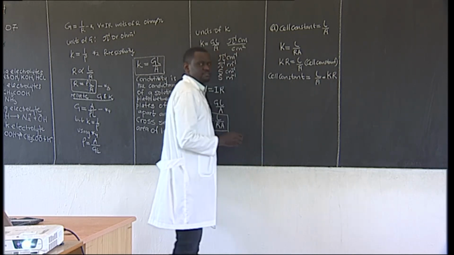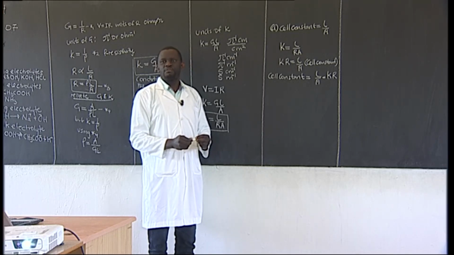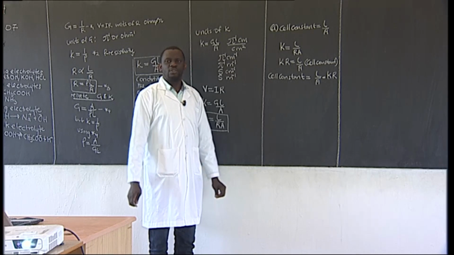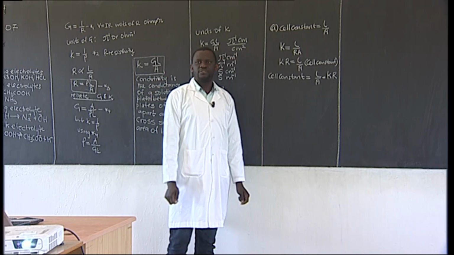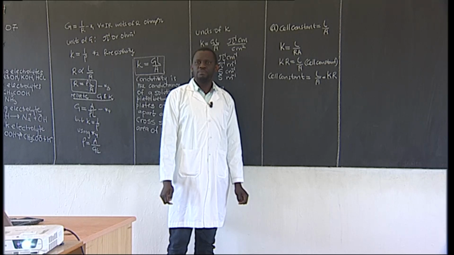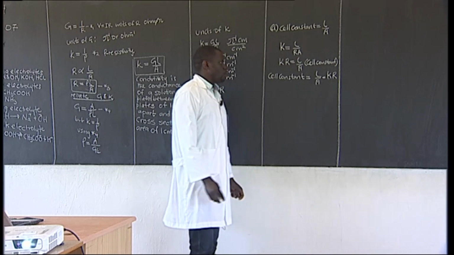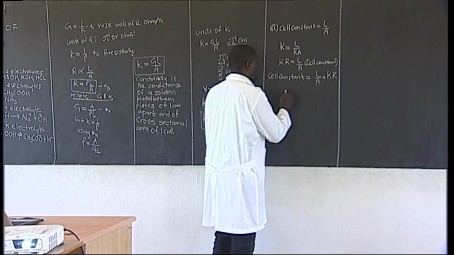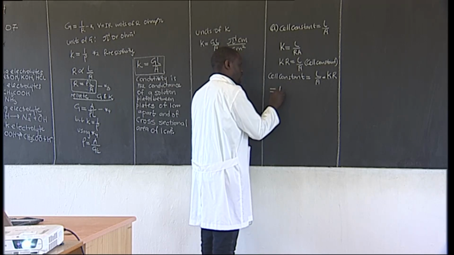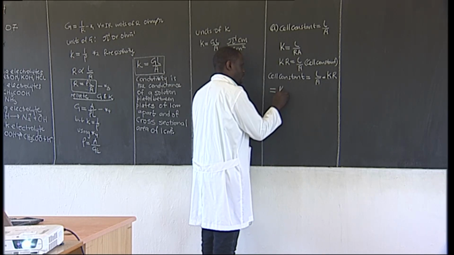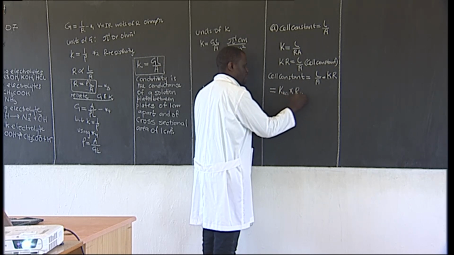K is conductivity. And if you look at our question, they have given us the conductivity of potassium chloride. We also have the resistance between the plates using potassium chloride. So we are going to multiply the conductivity for potassium chloride times the resistance of potassium chloride.